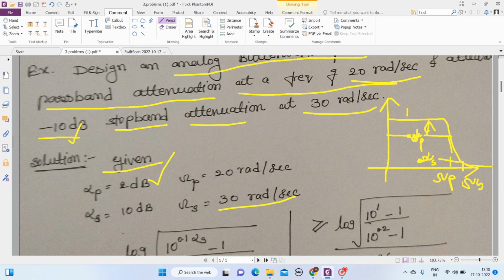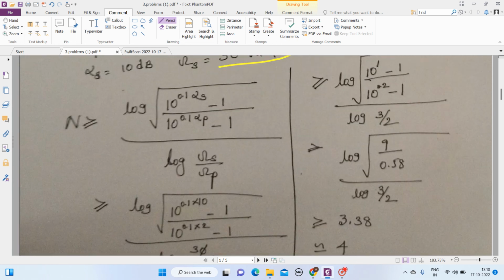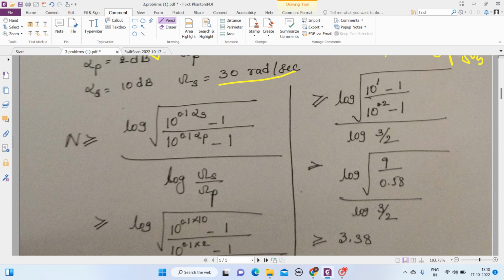Now we have to use the formula to find out the order of the filter. So in order to find out the order of the filter, you have to use this equation, n greater than, you have to memorize this equation. Memorizing all the equations is very much a must from the exam point of view.